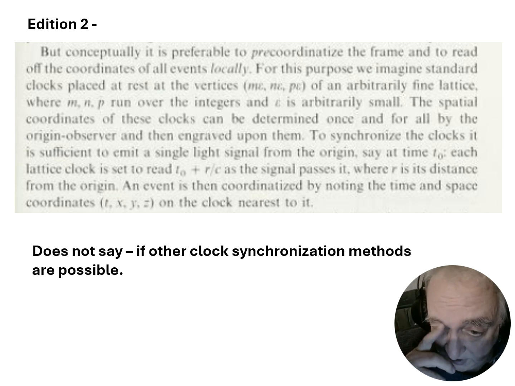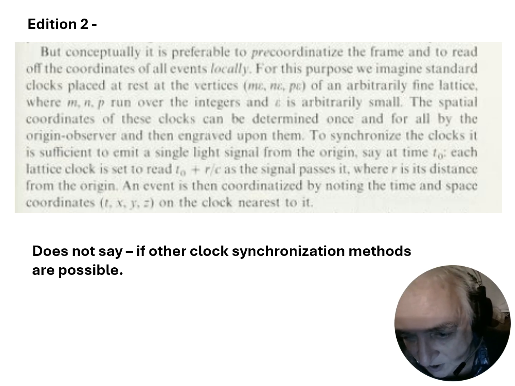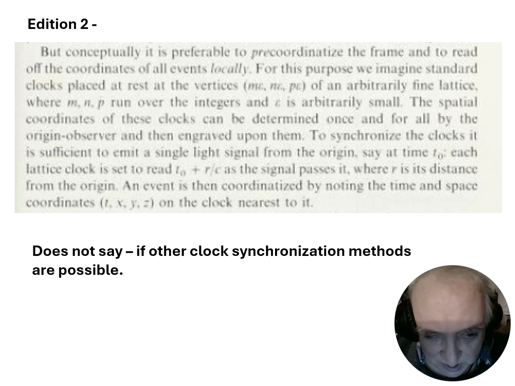To synchronize the clocks, it is sufficient to emit a single light signal from the origin, say at time t subscript 0. Each lattice clock is set to read t subscript 0 plus r divided by c as the signal passes it, where r is its distance from the origin.